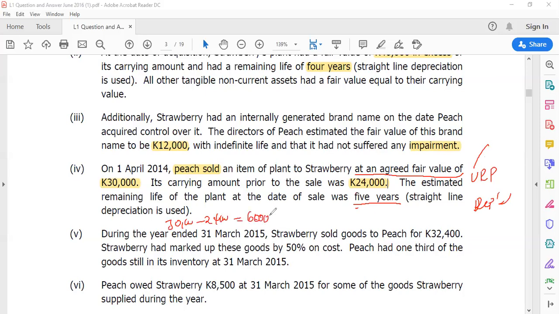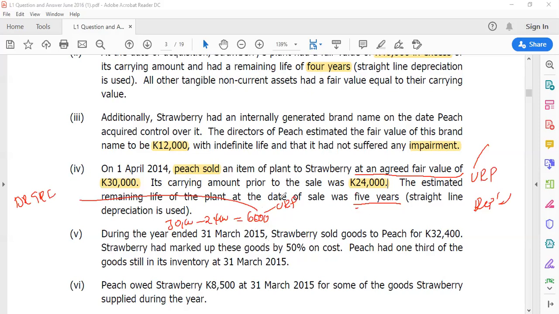Now, this 6,000 is your unrealized profit. What this figure is going to do is going to reduce, debit, group retained earnings by that figure. And then what else do we do?